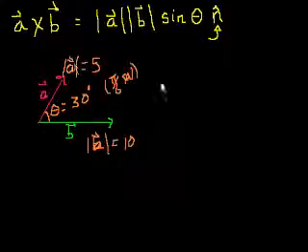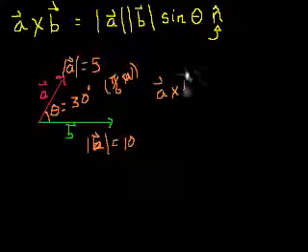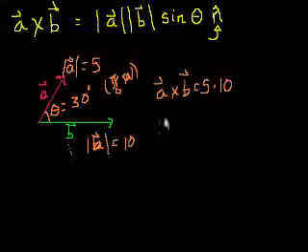So what will be A cross B? A cross B is going to equal the magnitude of A, so the length of this vector, which is 5, times the length of this B vector, so times 10, times the sine of the angle between them. And of course, you could have taken the larger, the obtuse angle.